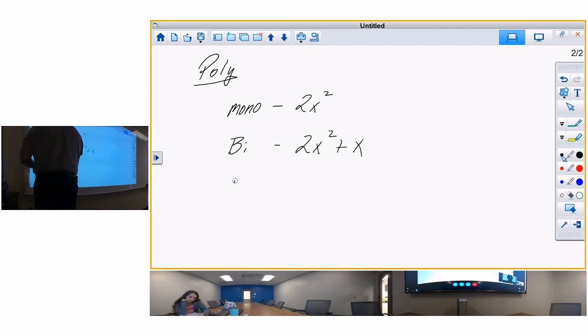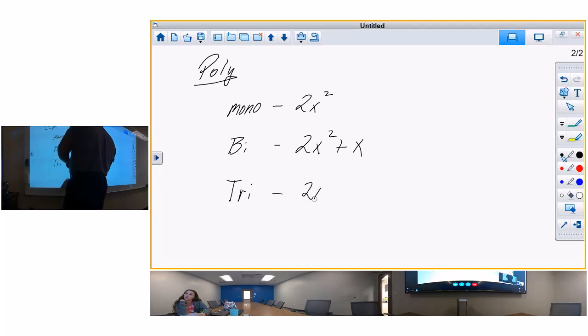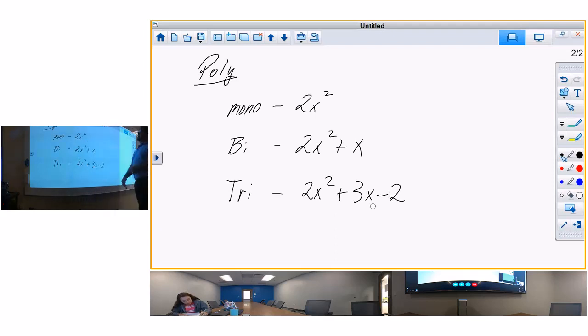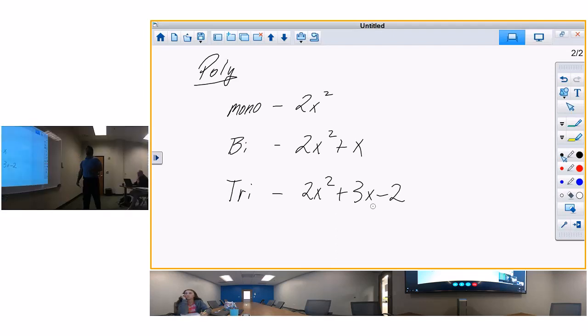A trinomial is 2x squared plus 3x minus 2. Those are polynomials. Now you can have a fourth term polynomial, a fifth term, sixth term, and so on. But 90% of the time in algebra, we deal with those three.